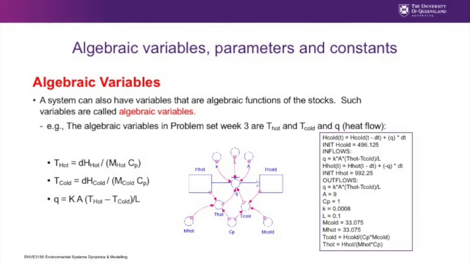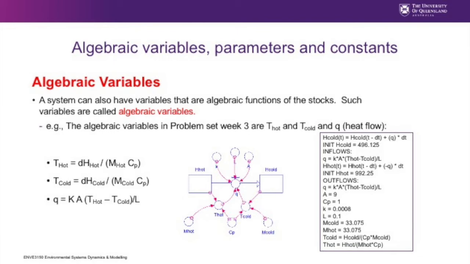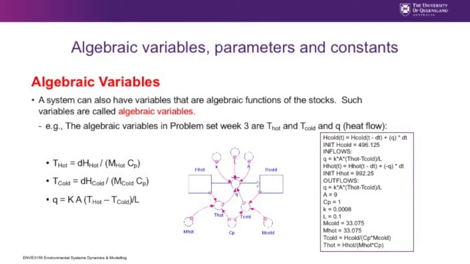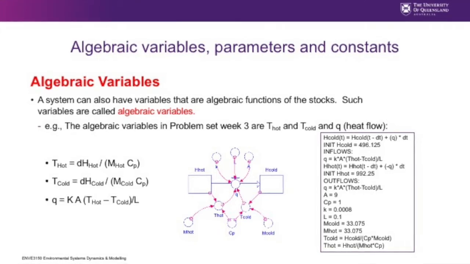So the key feature of an algebraic variable, and keep this in mind because this is very important to understand them, is that within the equation to estimate this algebraic variable, a stock is included.